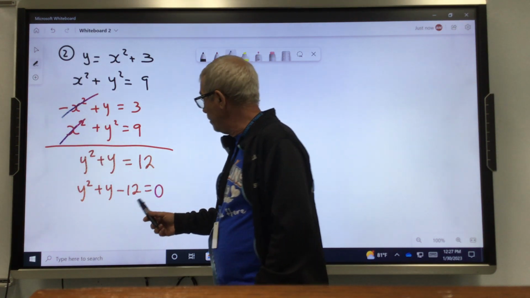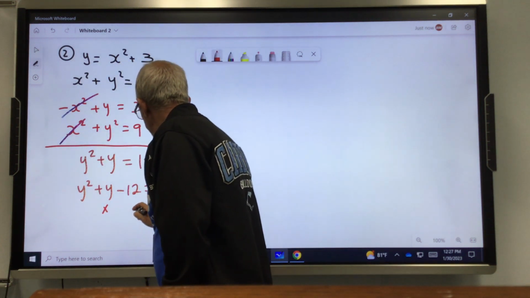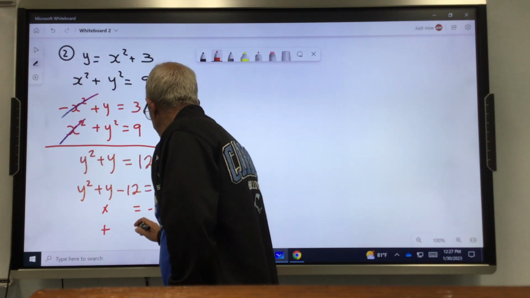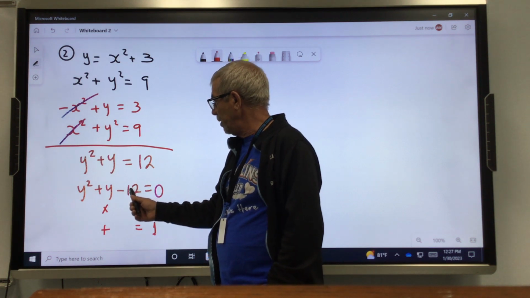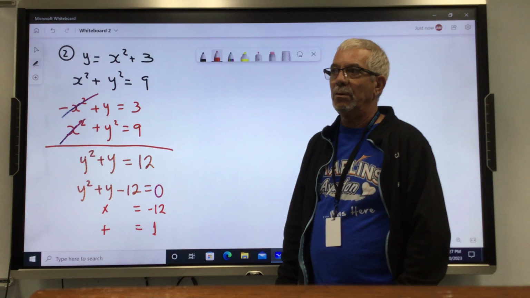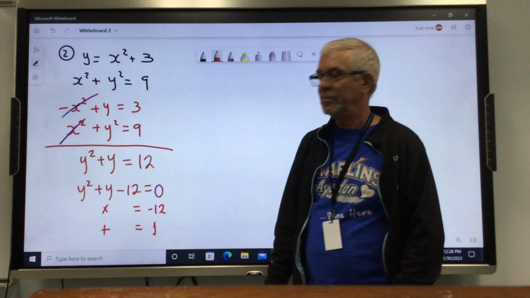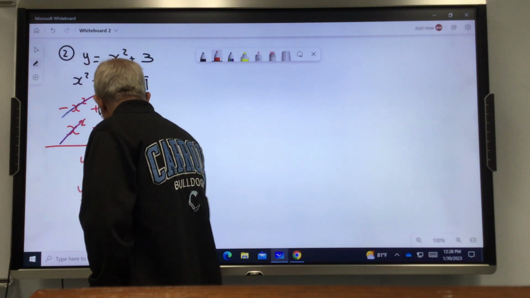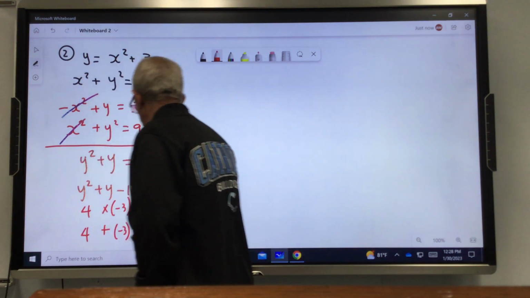But in that case, I advise you to use the method that I showed you before to find two numbers that multiply to equal negative 12 and when we add them equal 1. You remember that? Which two numbers can be? 4 and negative 3. 4 multiplied by negative 3 is negative 12 and 4 plus negative 3 is equal 1.